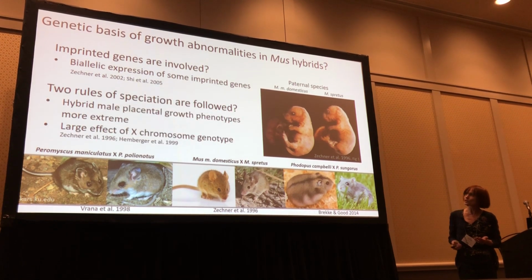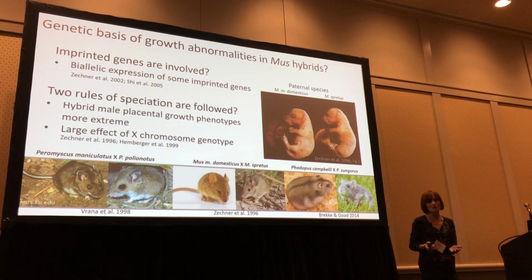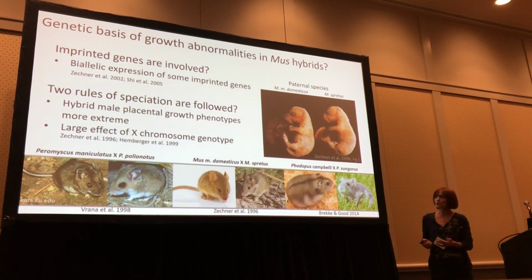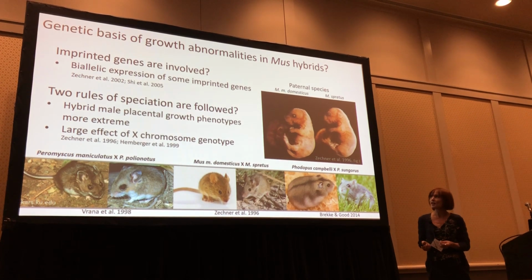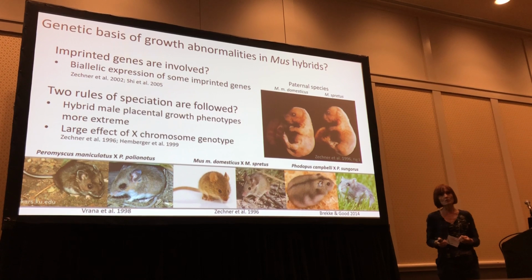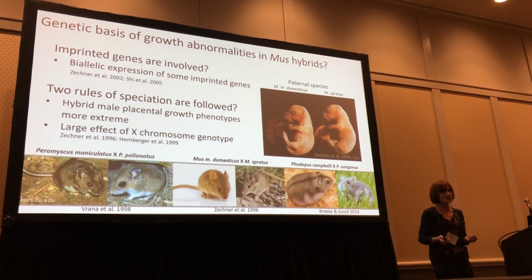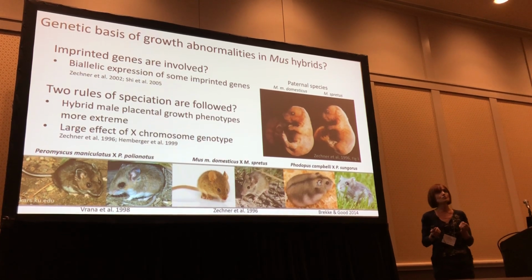And interestingly, there's also evidence that the two rules of speciation are followed in these placental phenotypes, so that they're more severe in hybrid males relative to their sisters, and there's also evidence for a large effect of the X chromosome on these placental phenotypes that are more severe in males. And the reason that this is surprising is that the placenta is unique.